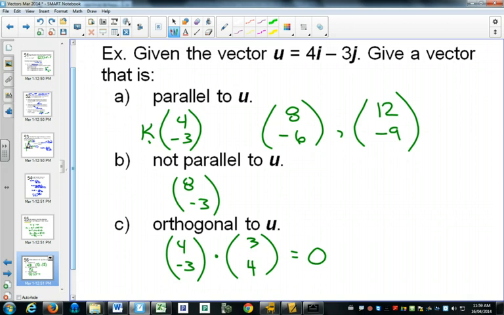And if one fraction was positive, you made the other one negative. If one was negative, you made the other one positive. So here we can think of this vector 4, negative 3 like a fraction, like a slope. And if I flip it to 3, 4, then this vector here, sure enough, when you multiply it through, you're going to get 12 minus 12, which is 0. And that will be orthogonal.